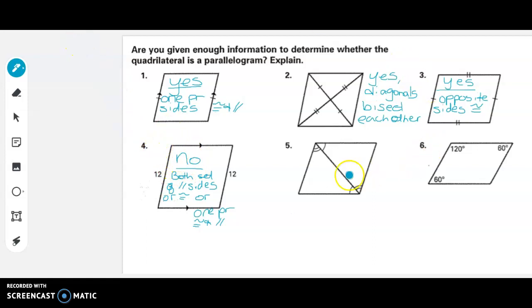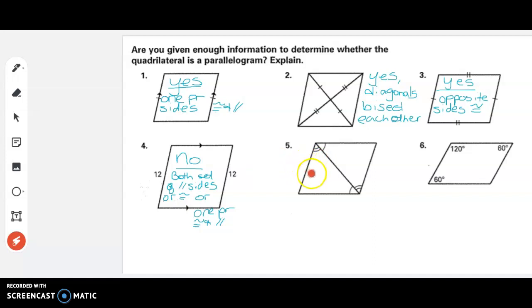Oh, let's see. There are so many different ways I could do number 5. First off, I see congruent triangles because I have an angle, another angle, and then they share that side. That side is reflexive. I could also use the alternate interior angle converse.